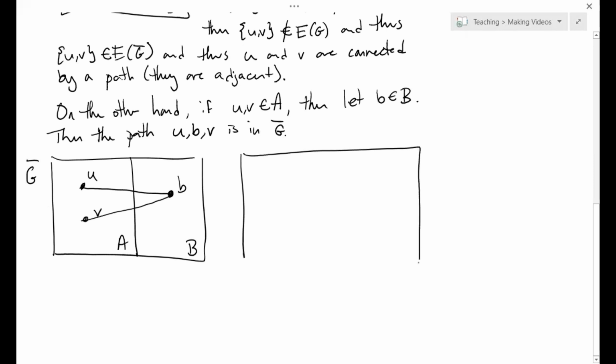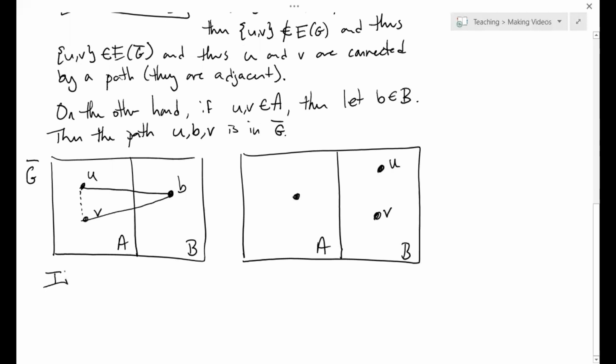Well, and then there's one more possibility, and it's the exact same thing, if they're both on the other side, if they're both in B. Now, the only difference is if they were both in A, then in the graph G, I knew they were connected. So I know they're not directly connected there. If they're both in B, they might actually be connected in G already, but I don't know that. And so what we do now is, again, the same idea.